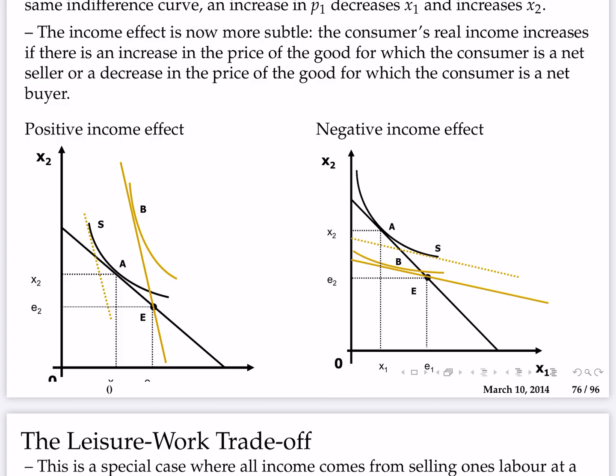But in the previous model, we learned that when price goes up and X is a normal good, the consumption should go down, right? But now that's not the case. It's a normal good, price has gone up, but your consumption has gone up. What's going on? All right, the difference from the first model is the following.